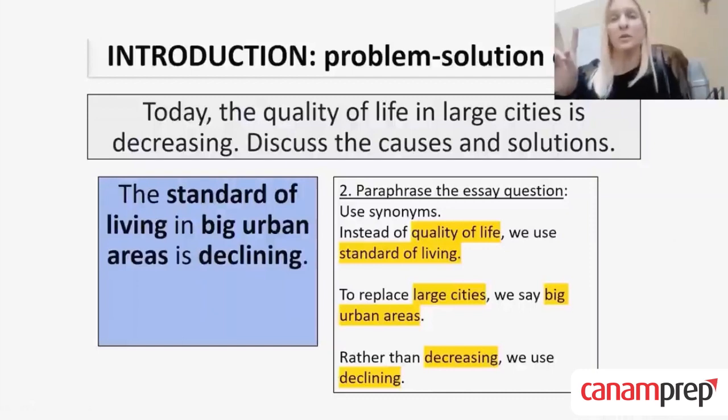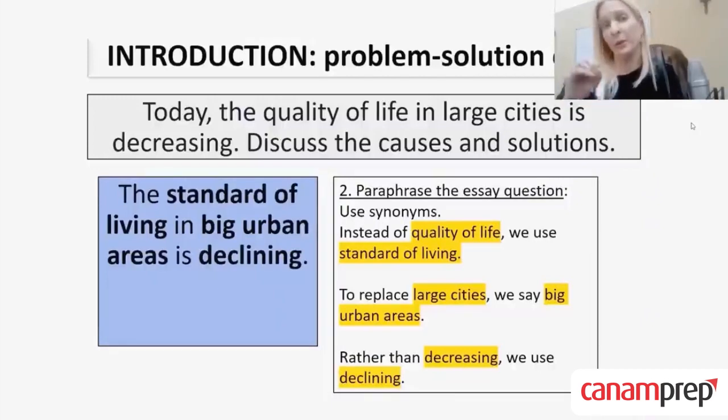Now, number 2, we have to write the second sentence. We need to paraphrase the essay question. So if we look back at the essay question, today the quality of life in large cities is decreasing. So we have to paraphrase this. So what I've written here is, the standard of living in big urban areas is declining.